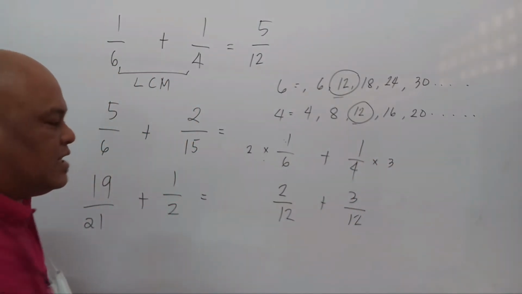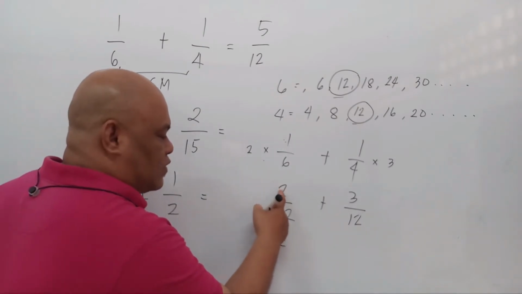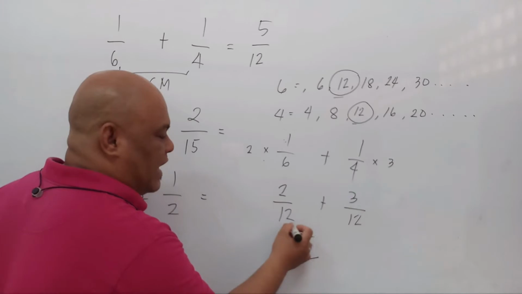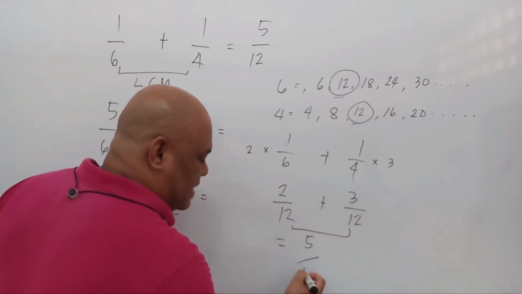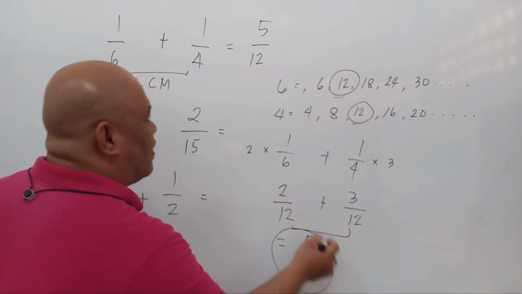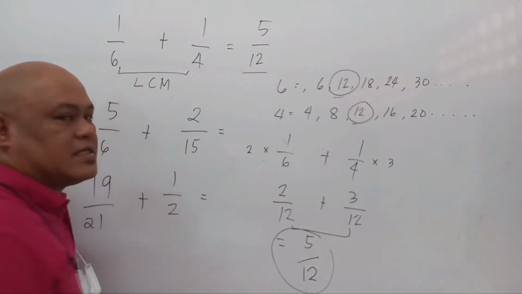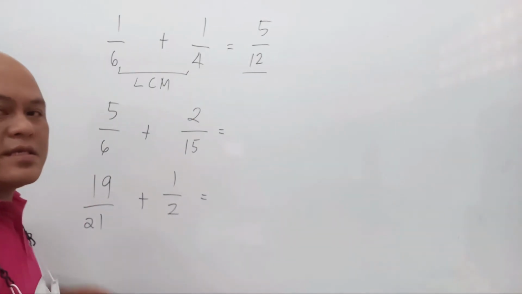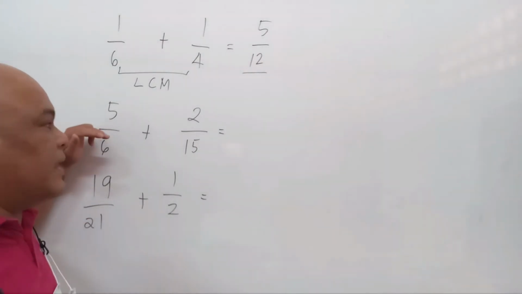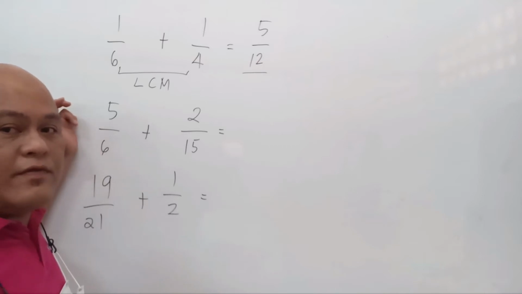So, the answer is 2 plus 3 is 5. And you only have to copy the denominator. So the answer is 5 over 12. This is correct.